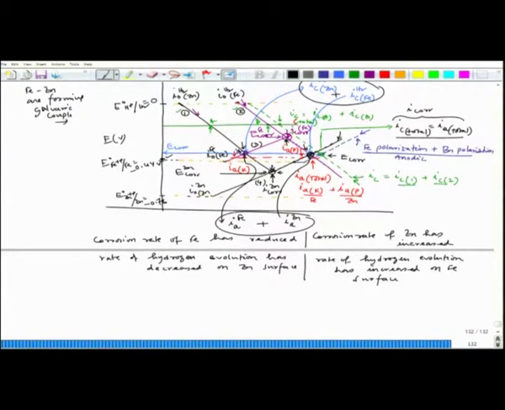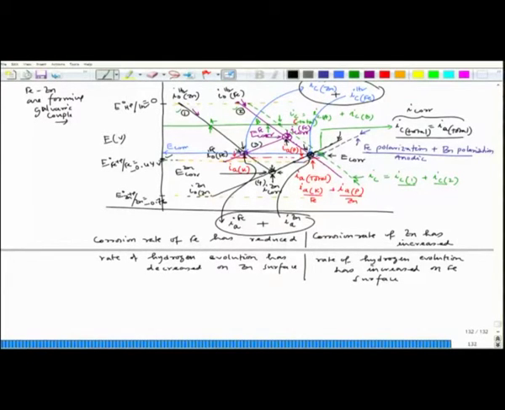Or in other words, since hydrogen evolution is the cathodic reaction that is taking place on both the surfaces, I could see that the cathodic reaction is preferably taking place on iron surface rather than zinc surface. And I could see that the corrosion rate of zinc has increased, whereas the corrosion rate of iron has decreased because of this coupling.